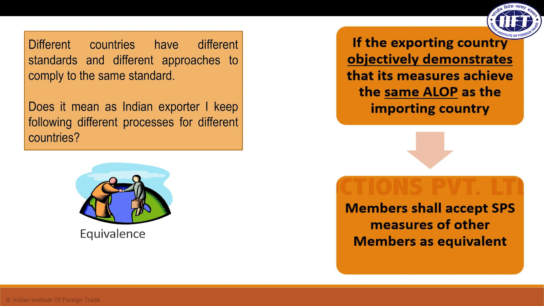This concept is known as the equivalence concept. So before randomly accepting your buyer's request to follow the processes that they follow in their country, please check whether there is any equivalence agreement signed between you. Save a lot of money on venturing into the processes followed across different countries.